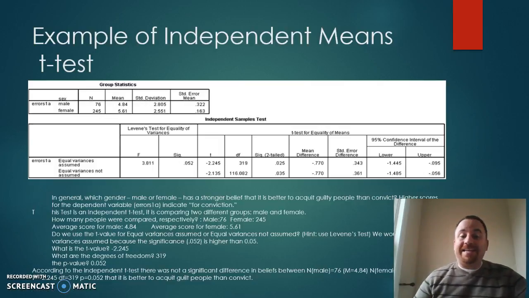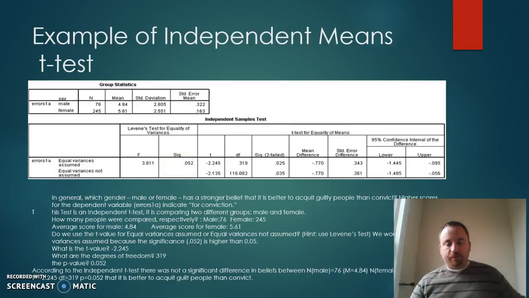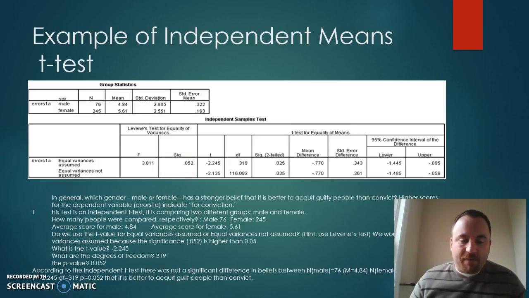When actually reading an SPSS output, you would go to the significance right here, and the significance says 0.52. Now, to read the correct data for this figure, you could refer to Levene's test for equality of variances, right there.